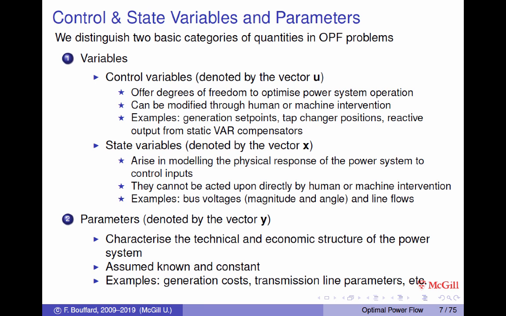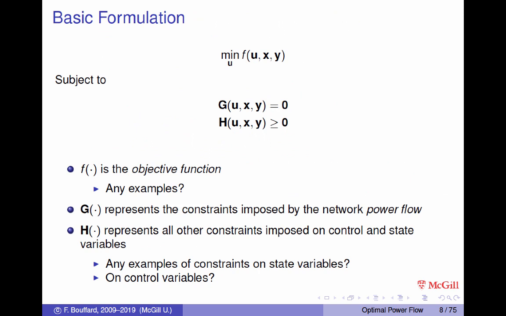Parameters, which we'll denote by the vector y, characterize the technical and economic structure of the power system. Typically these are known and assumed constant. They would include generation cost functions, transmission line parameters, capacities, etc. So the basic problem looks very close to what we've seen before.